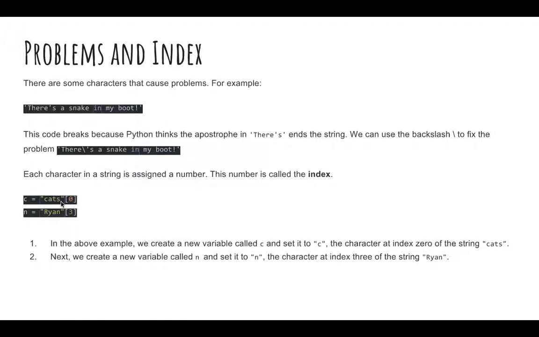But for indexes, just like in arrays, Python starts counting from 0. So c is actually index 0. In the next example, n is again at the end, 4 characters, but since we begin counting from 0, it would be in the third position.